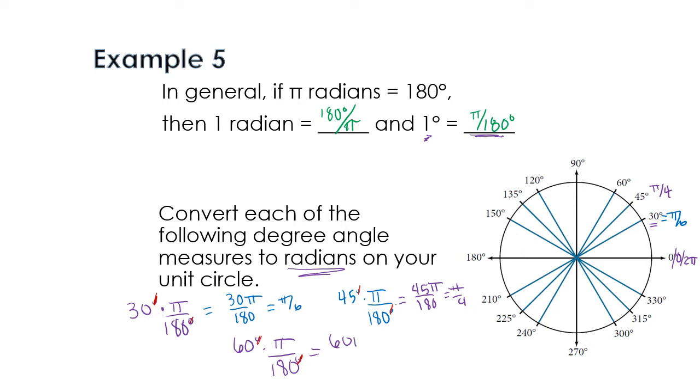So we get 60 pi over 180, which is pi over 3. And then for 90 degrees, it's pi over 2.